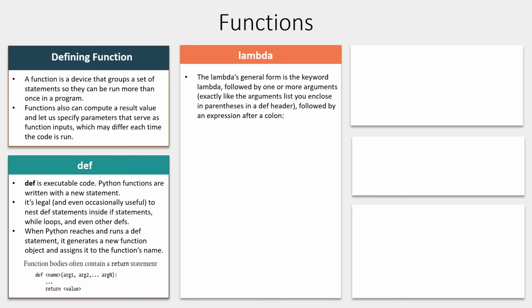The lambda's general form is the keyword lambda followed by one or more arguments, exactly like the arguments list you enclose in parentheses in a def header, followed by an expression after a colon.